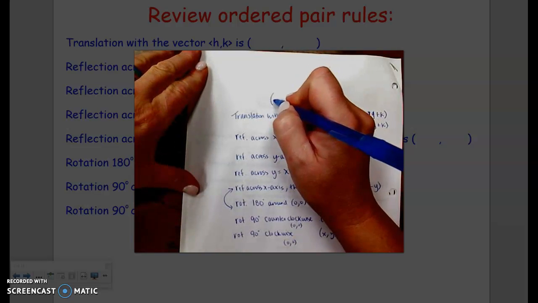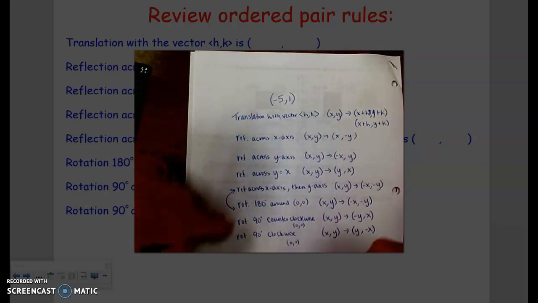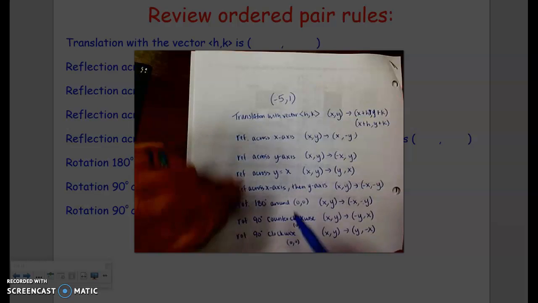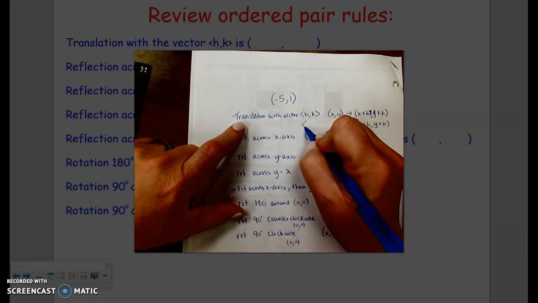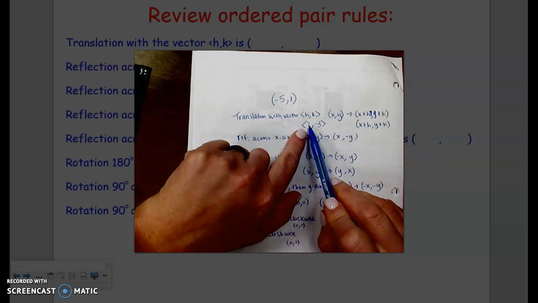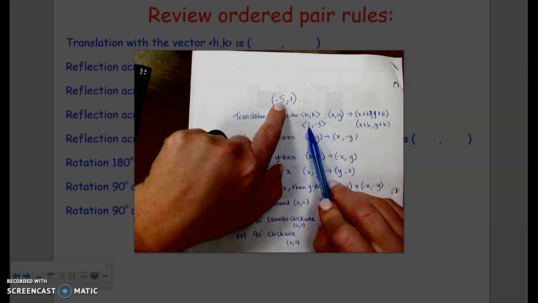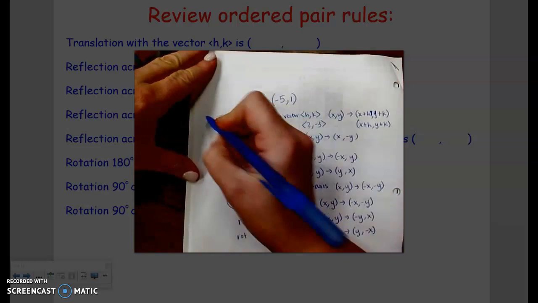So if I give you the point (-5, 1), we should be able to do each one of these transformations to it. So if I give you a translation vector of (2, -3), that means I'm moving to the right 2, so I would add 2 to the -5. -5 plus 2 is -3.